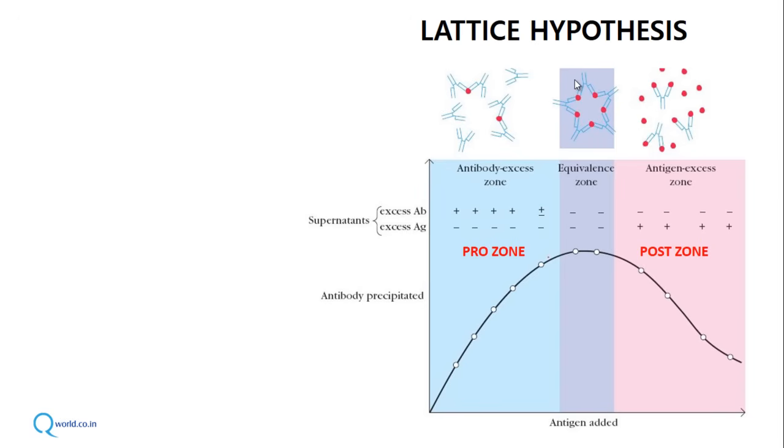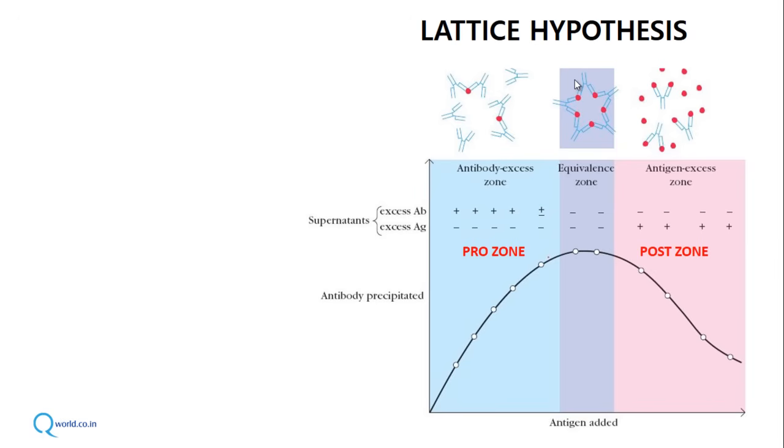Now, what happens in the zone of antigen excess or antibody excess? It cannot form a lattice due to inhibition of lattice formation by excess antigen and antibody respectively. If you see the Prozone, we have very little antigen, so its binding sites will be saturated with very few antibodies, and it cannot create a big lattice.